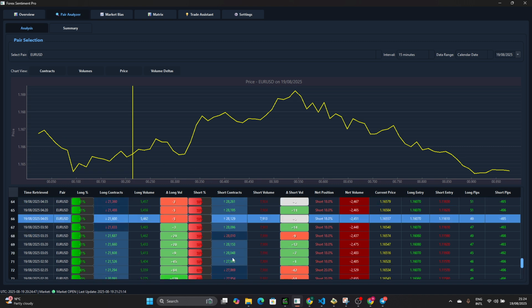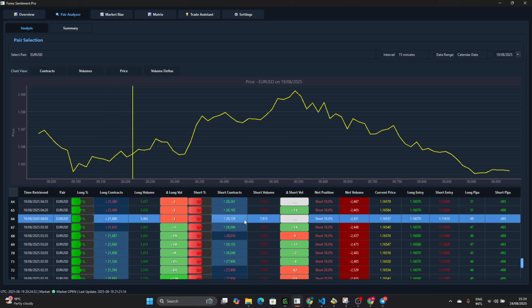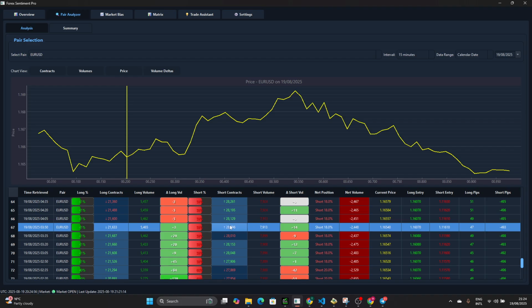So that tells you, look at here, that retail traders are net short and increasing short again. So that's a sign where price is moving in the other direction.